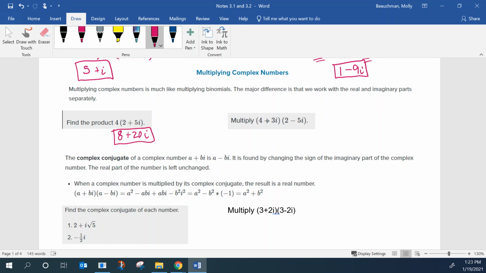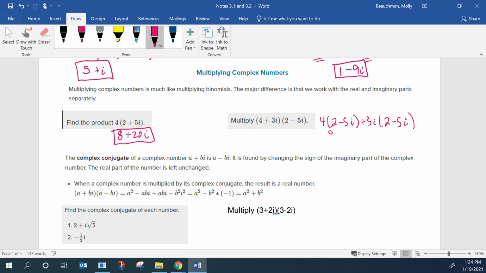If you've got a binomial times a binomial, think about it as FOIL: first, outer, inner, last. Or think of it as just the distributive property. We're going to take 4 times 2 minus 5i, plus 3i times 2 minus 5i.